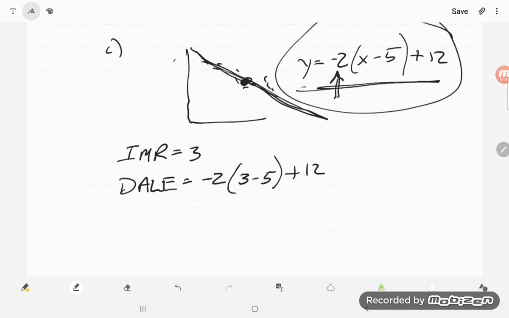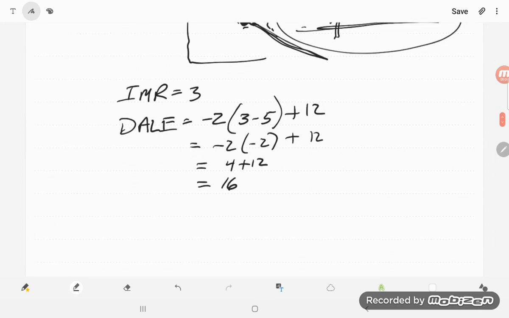And so that would be -2 times -2 plus 12. And so that is 4 plus 12, or 16. So there's my example 1.